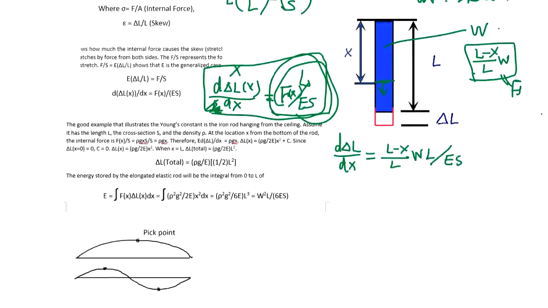Now this is going to be (1 minus X over L) W over Es.